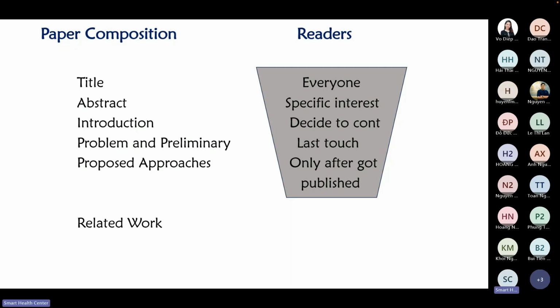This related work, sometimes it goes here, sometimes it goes at the end. We don't need to talk more about this because it depends on the problem you solve. Sometimes you want to compare and show how novel your paper is, so it appears early. Sometimes the problem is so well known that it's separated, and I would put it at the end. So it's not a big deal for the related work.